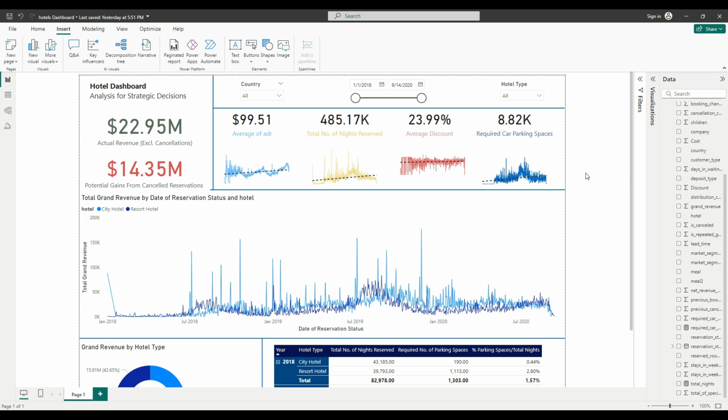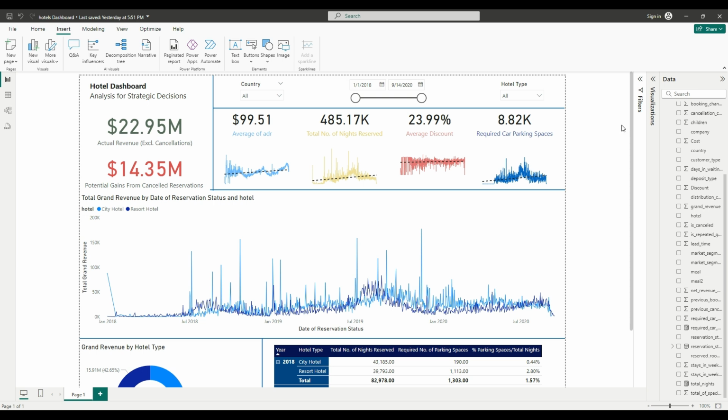So the key is we did not have these columns. We don't even have a grand revenue column. We had to come up with it by transforming the data and by calculating our own columns to include.